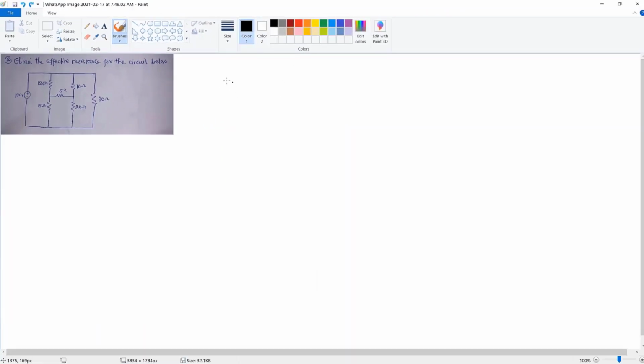So to illustrate, we have our voltage source, this resistor. We'll name the resistors as soon as we are done drawing.